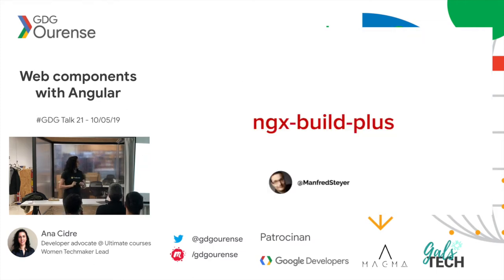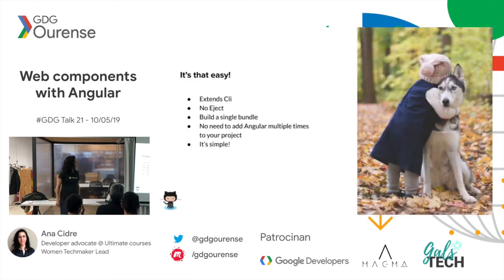And my good friend, Manfred Steyer, has made this amazing library called ngx-build-plus. After he made this library, the Angular team was like, come work with us. And he was like, okay. So now he works on the Angular team too with the tooling. And what does this library do? What it does, you don't have to eject your Webpack. It just extends the CLI.